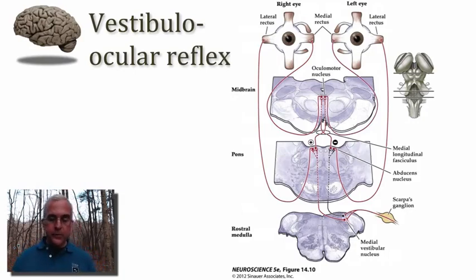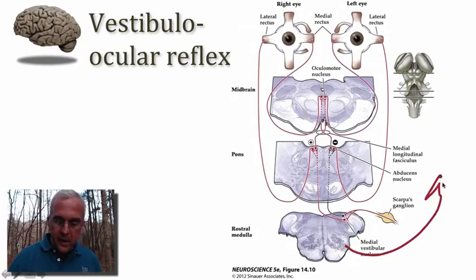If we were to turn our head, let's say, towards the left, we would need to turn our eyes back towards the right. So if I rotate my head to the left, hopefully you can see that my eyes are turning to the right. Turning my head to the left would be consistent with activating my left semicircular canal.